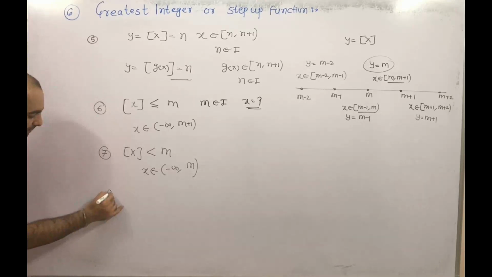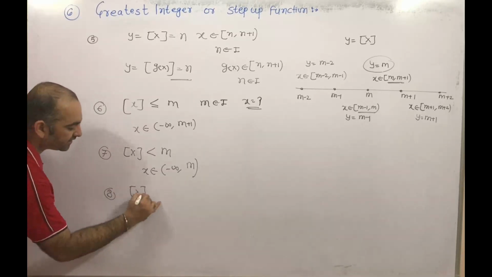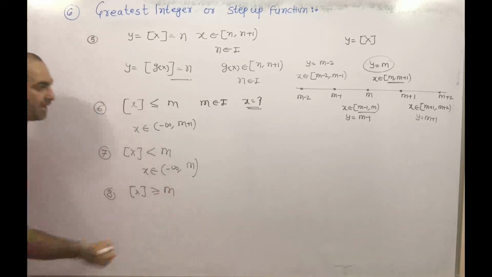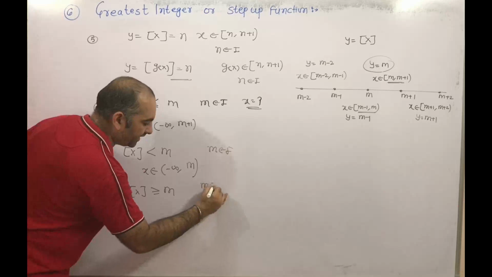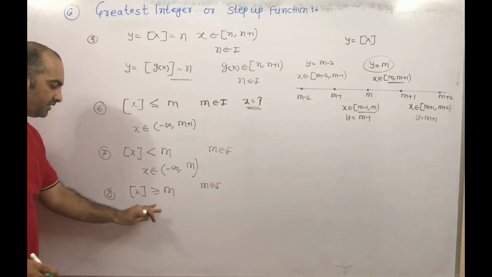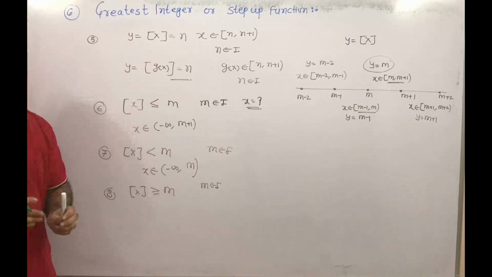8th property: if you want greatest integer of x greater than or equal to m, where m is an integer. Here we want m, m plus 1, m plus 2, m plus 3.